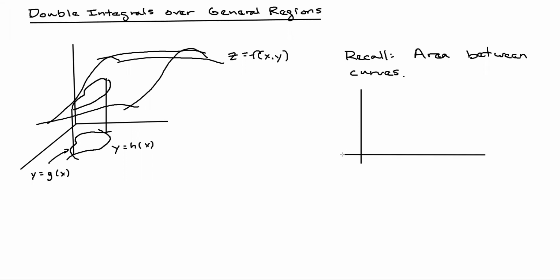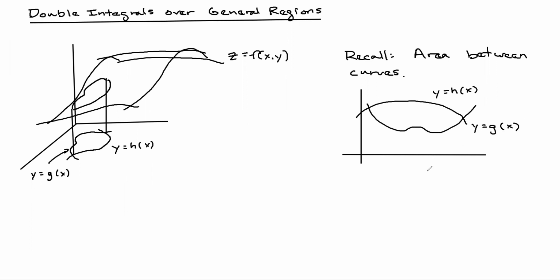One type looked like this: we'd have a top and a bottom. I'm going to intentionally use the same type of function that I had over here, so I'm not going to use f. Our top is y equals h of x, and our bottom is y equals g of x.